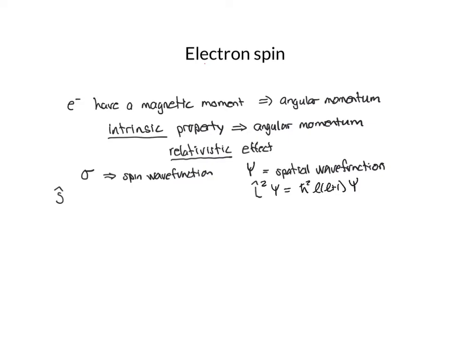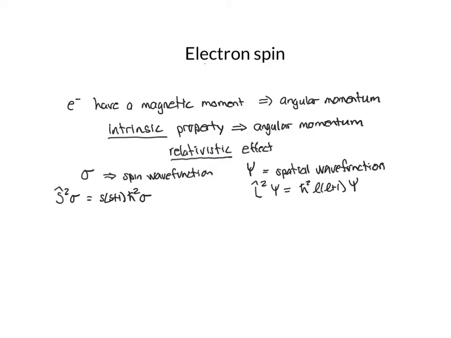So in the same way, when we operate the spin operator squared on our spin wave function, we're going to get S times S plus 1 times h bar squared times our spin wave function back again. So this intrinsic angular momentum of the electron works in exactly the same way that the spatial angular momentum operators work.